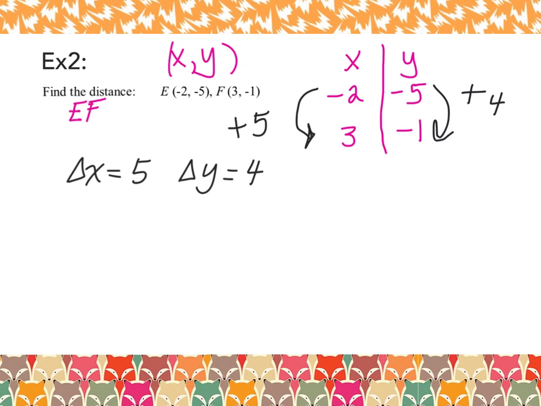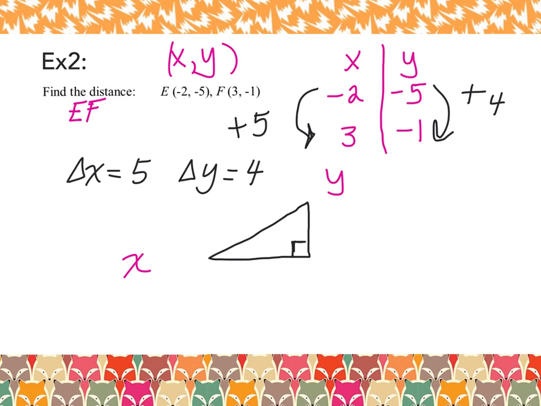So what we might do next is draw our triangle. I'm going to draw a right triangle, and it doesn't have to be to scale at all, but just like we talked about when we did this graphically, we're going to label our change in X. We're going to think of this as an X-axis and a Y-axis.